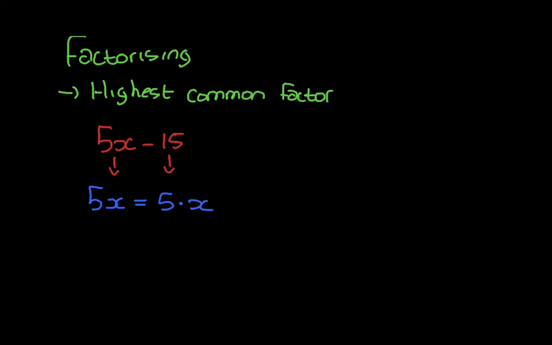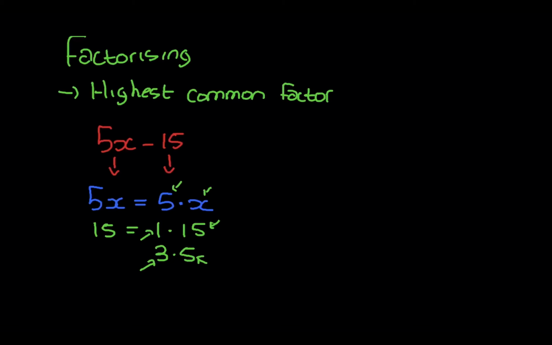The factors of 15 would be 1 times 15, and 3 times 5. I think that's it. So all of these are essentially factors of 15, and all of these are factors of 5x.